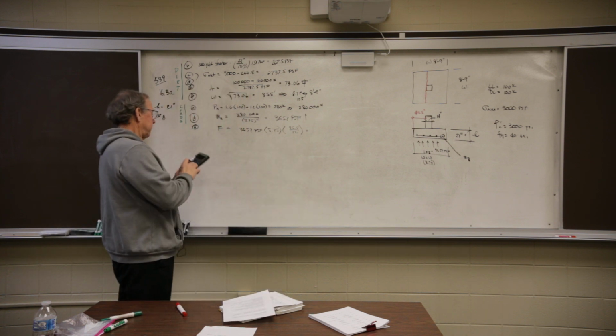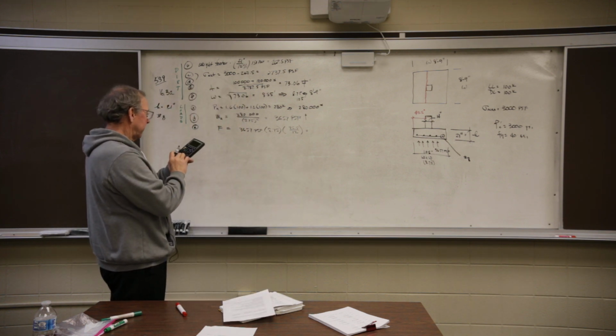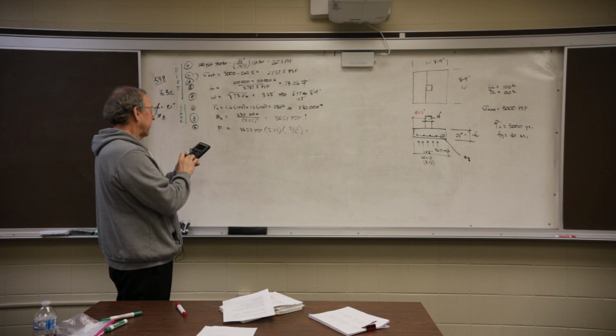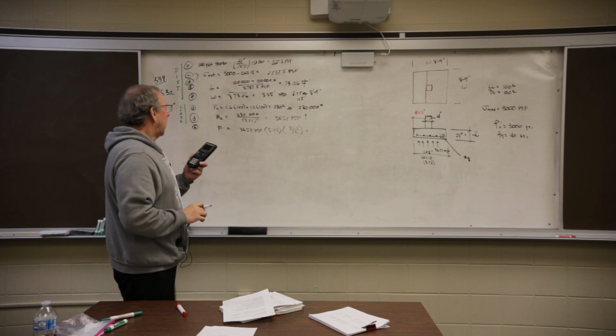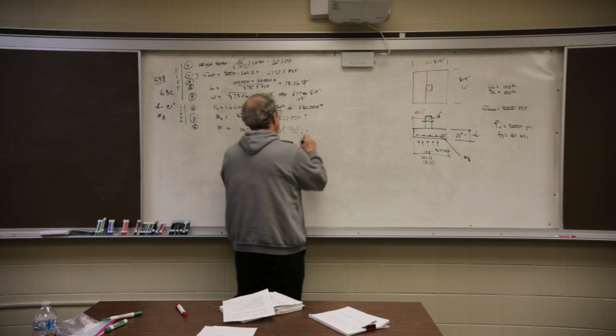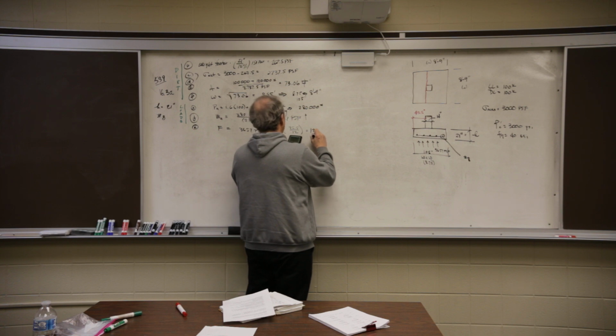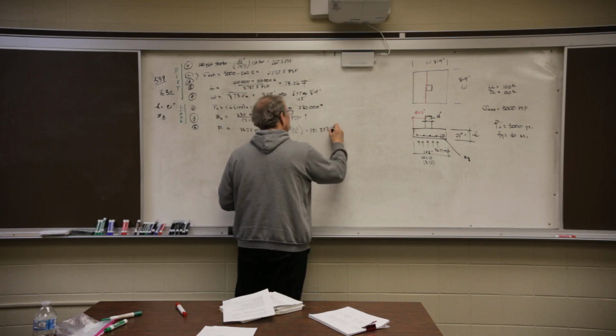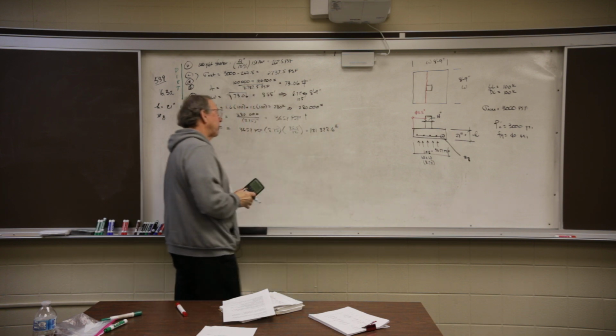So let's put the calculator to it: 3657 times 8.75 times 45.5 divided by 12 is 121,328.6. And that's going to be pounds.